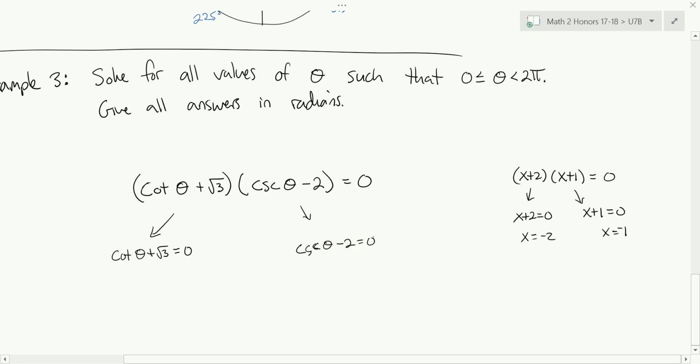And you solve them individually. The first one is going to give us some answers, maybe 2 answers, maybe 4 answers. We'll find out. Then the second one we're going to solve and get answers, and then we combine all those answers together for our final answer. So it's like 2 problems in one. I'll do the first one with you, and I want you to do the second one on your own.